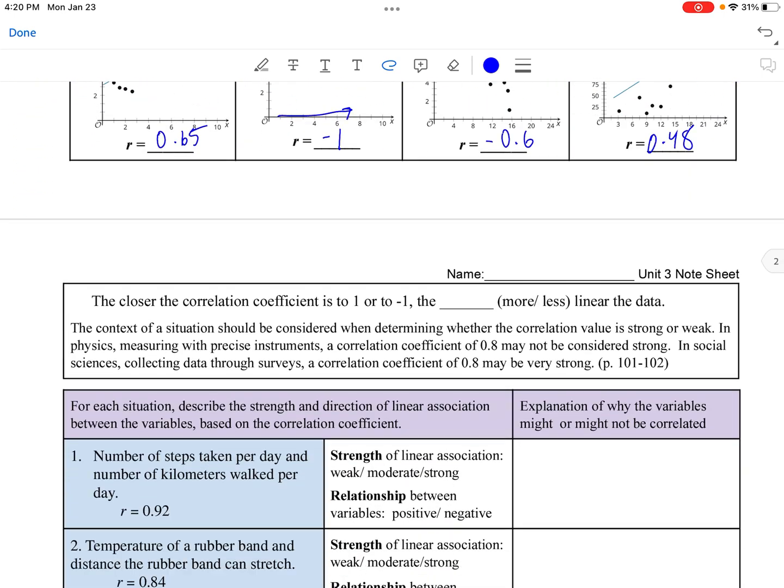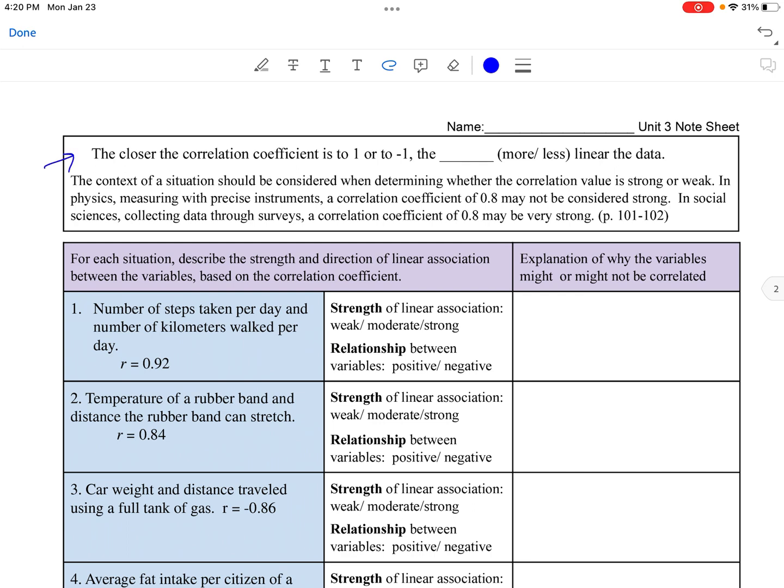Okay, now let's do some practice on the back. You're going to fill this in. The closer the correlation coefficient is to 1 or -1, the more linear the data. And the strength of correlation is different in different contexts.